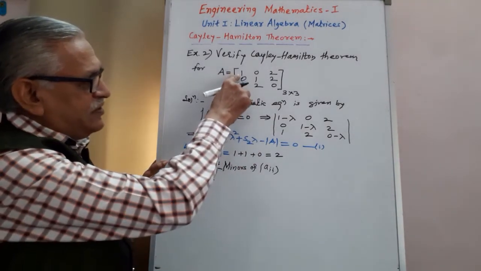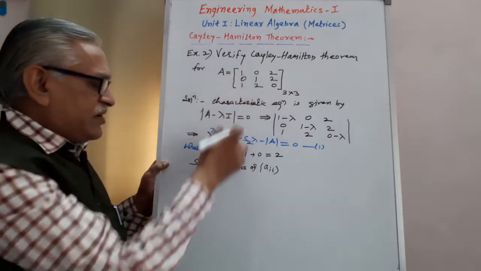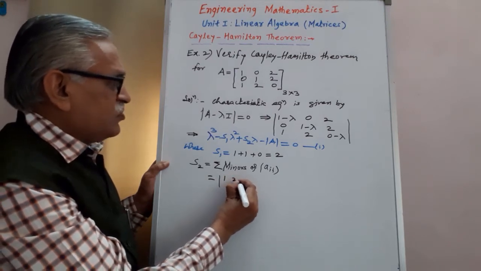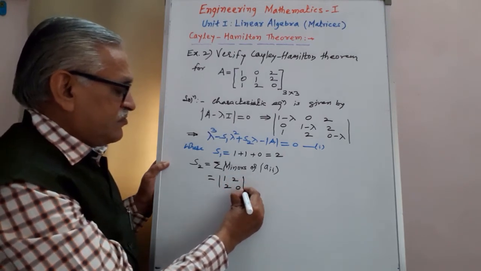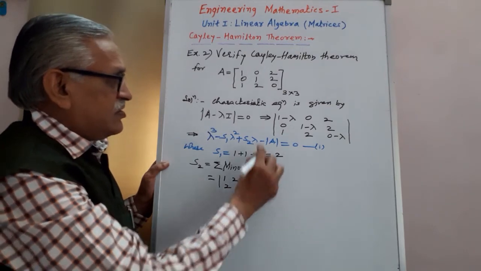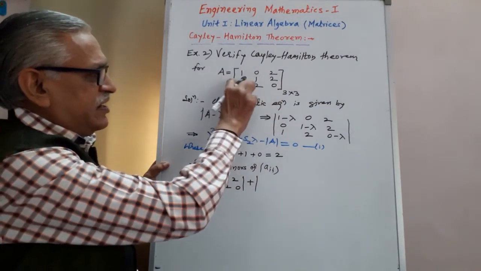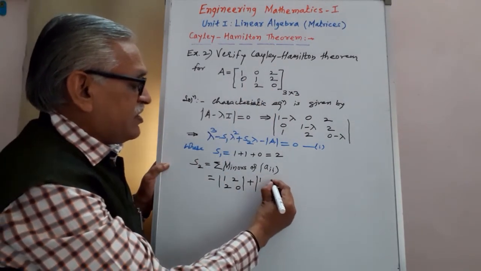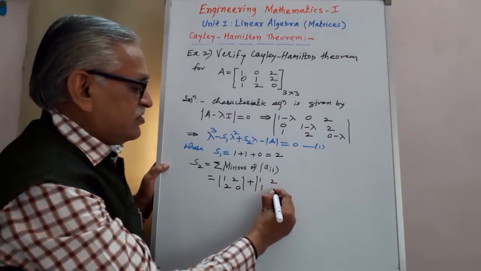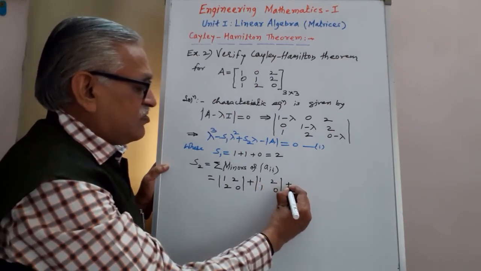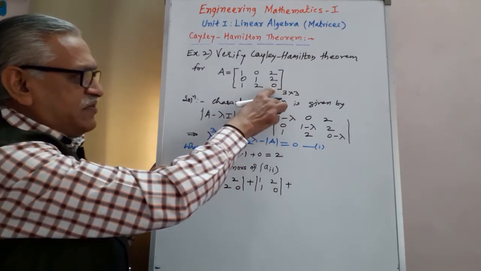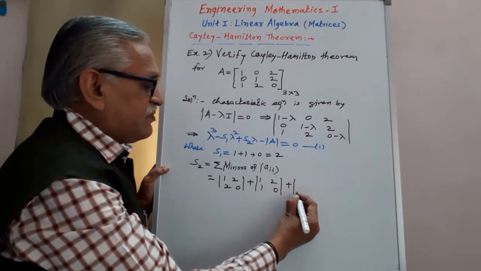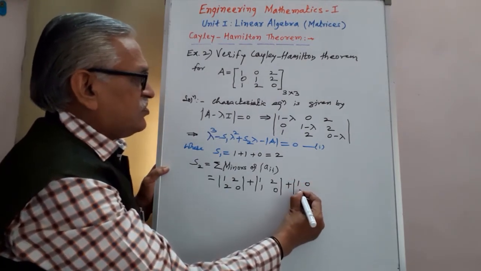I will first find the minor of the first, neglecting the row and the column containing it, and that minor is with the elements 1, 2, 2, 0. Minor for the second diagonal element, neglecting the row and the column containing it, is the determinant of 1, 2, 1, 0. Minor for the last diagonal element 0, neglecting the row and the column containing it, is the determinant of 1, 0, 0, 1.